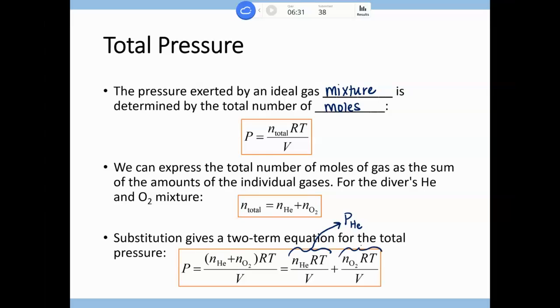And then the second part is the pressure of oxygen. So total pressure in this example is the pressure of helium plus pressure of oxygen. This is Dalton's law of partial pressure.